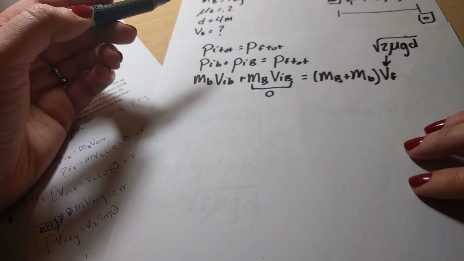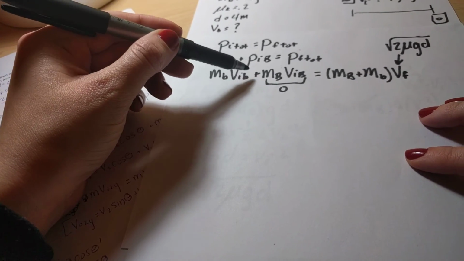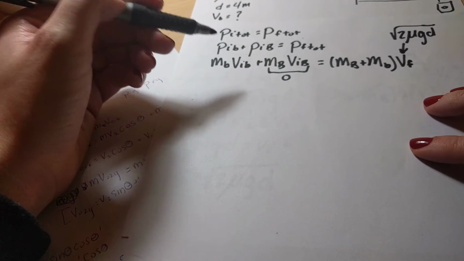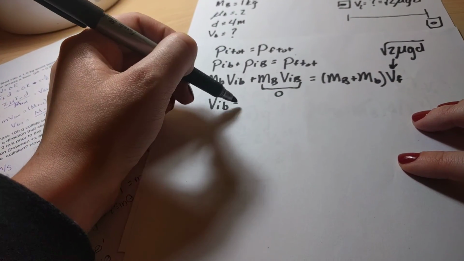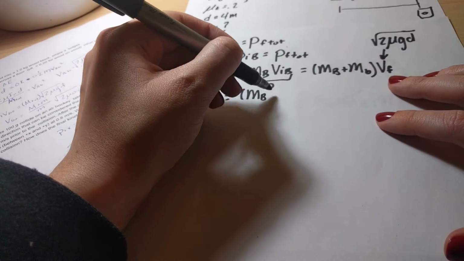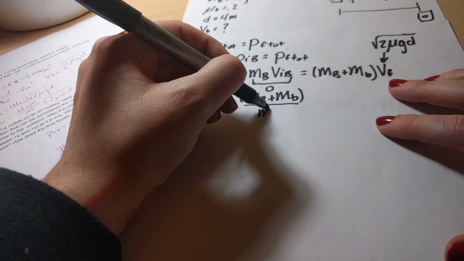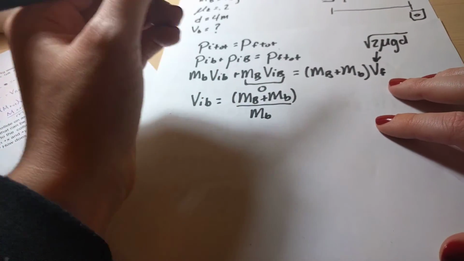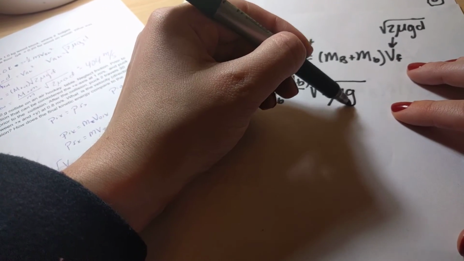Now all we have to do is some rearranging. If we're solving for this, all we have to do is divide both sides by the mass of the bullet. So the initial velocity of the bullet is equal to the mass of the block plus the mass of the bullet, divided by the mass of the bullet, multiplied by the square root of 2 mu g d.